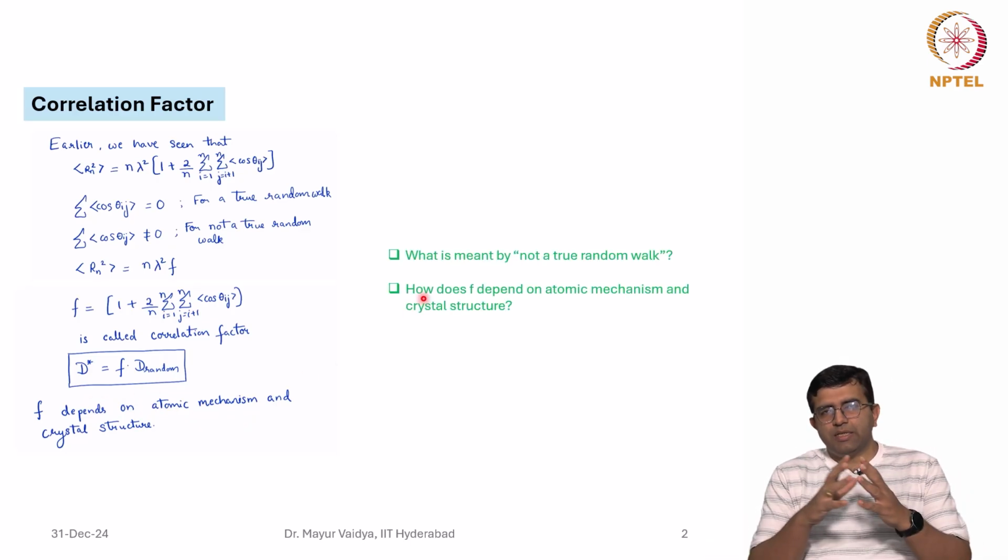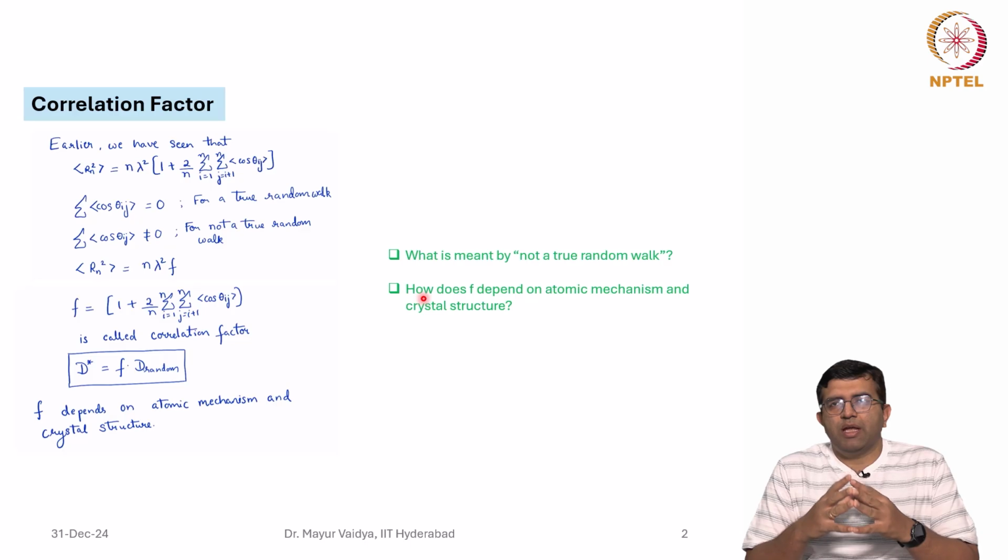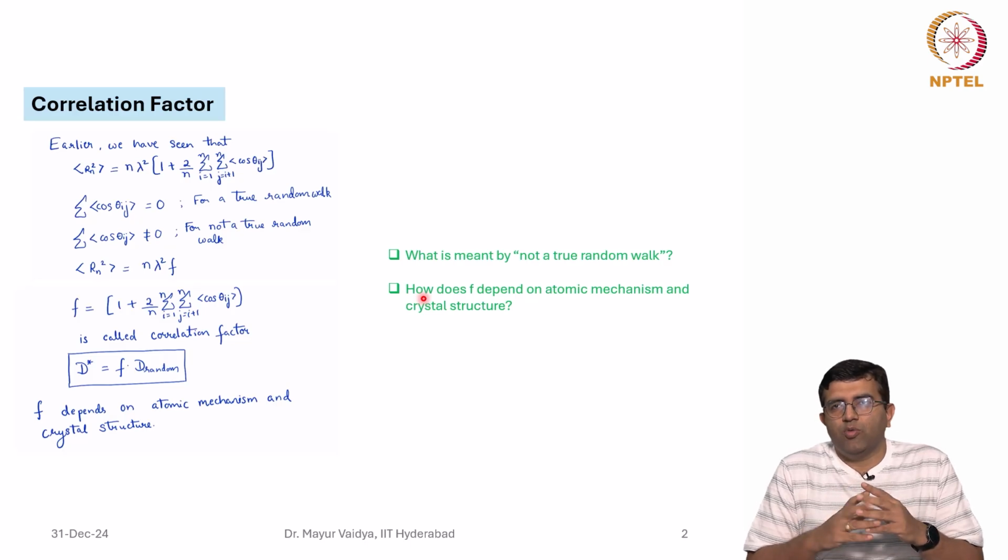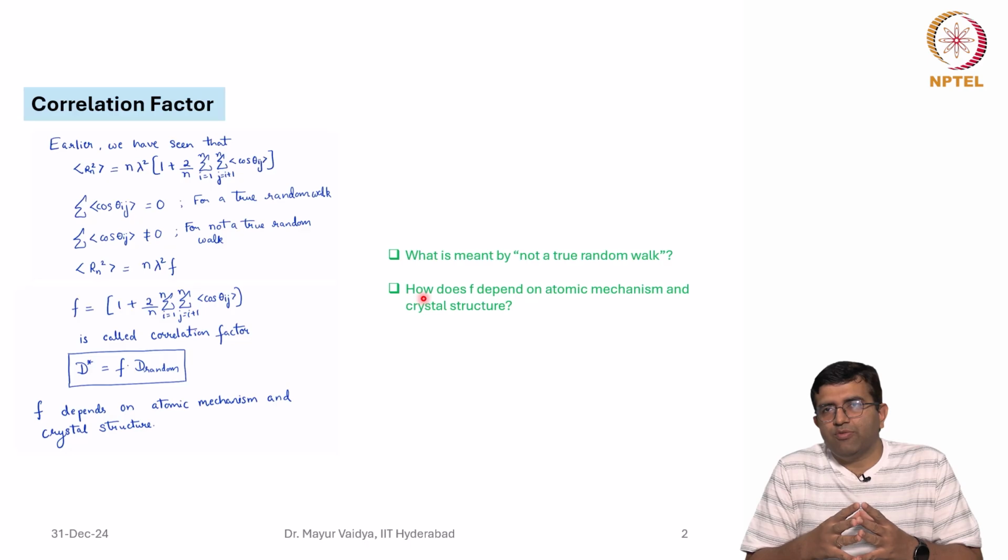Now, let us think a little bit what is meant by not a true random walk, and then later on we will also see how f depends upon the atomic mechanism and the crystal structure as well.